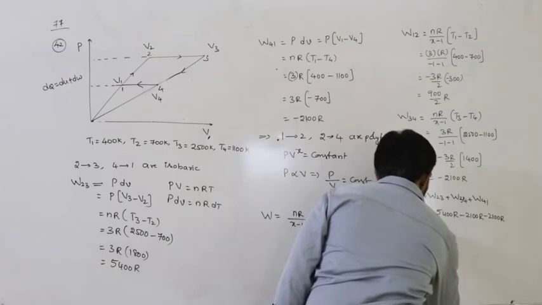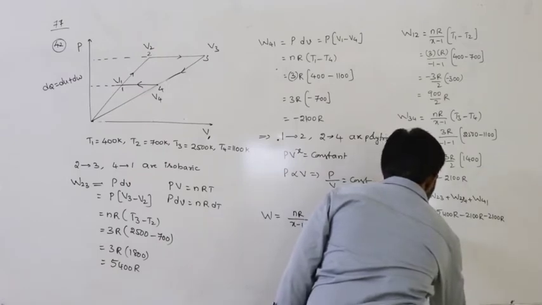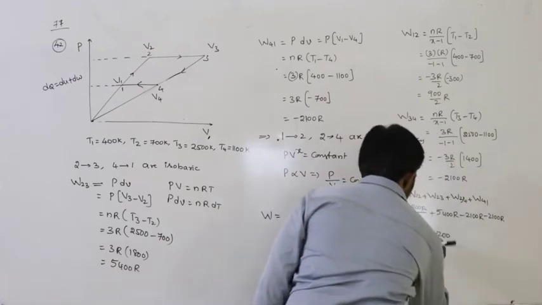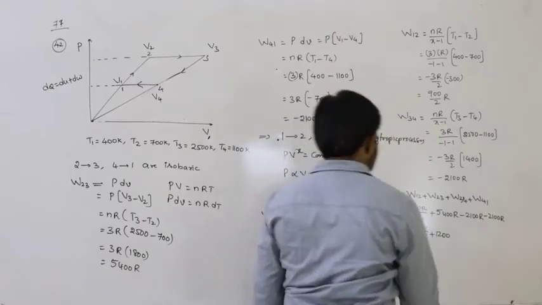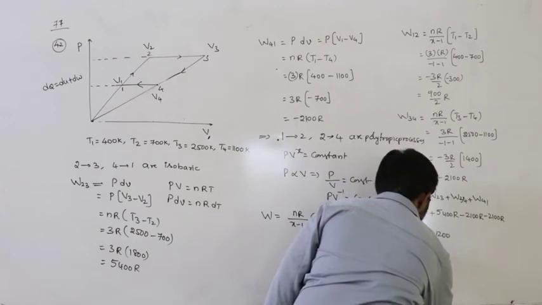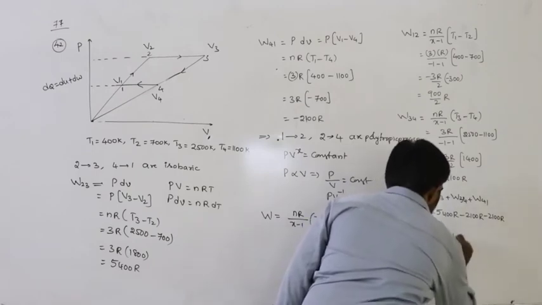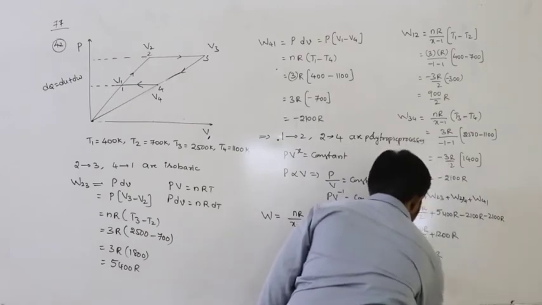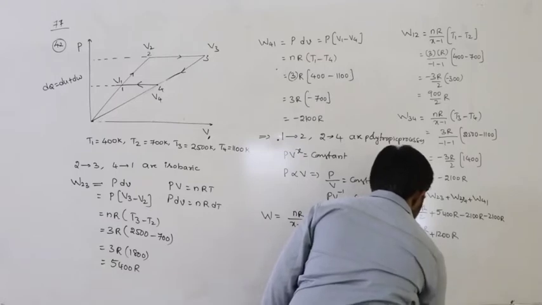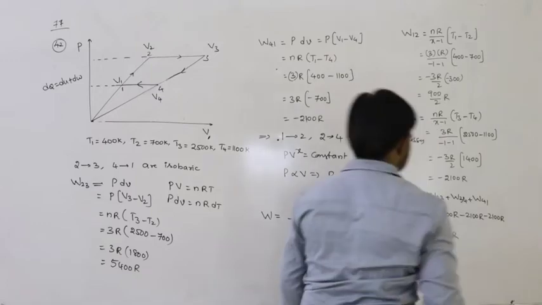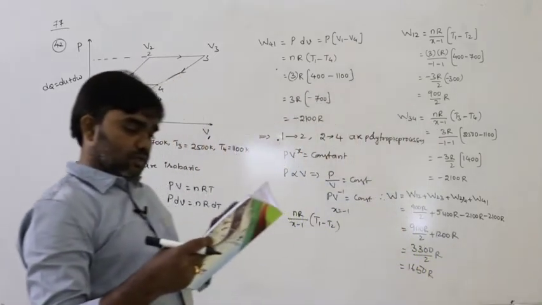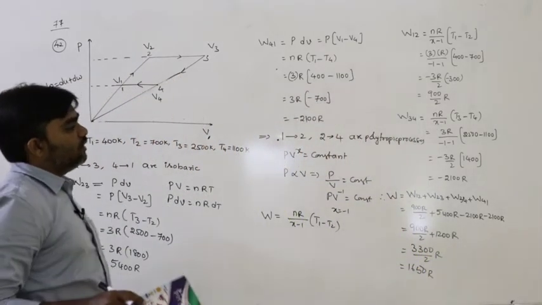So, 900 R divided by 2 plus 1200, which is 3300 by 2 R, so 1650 R. External work done is 1650 R.